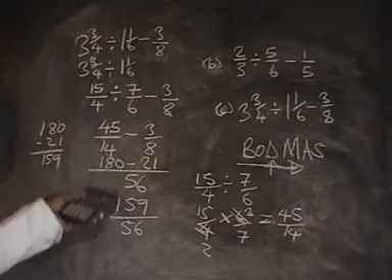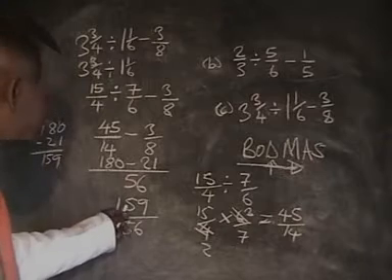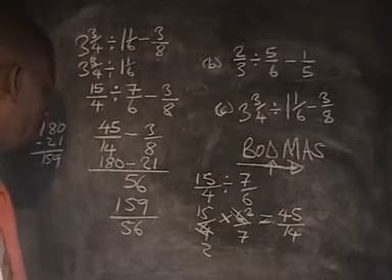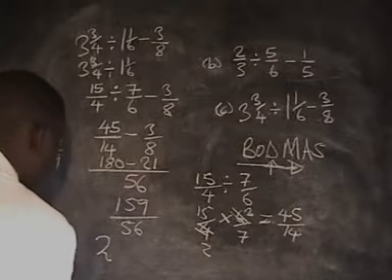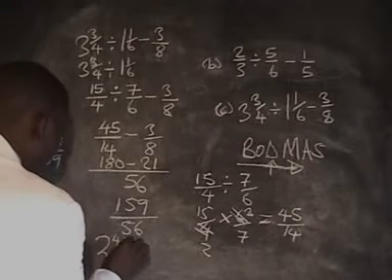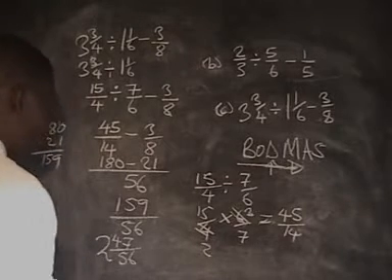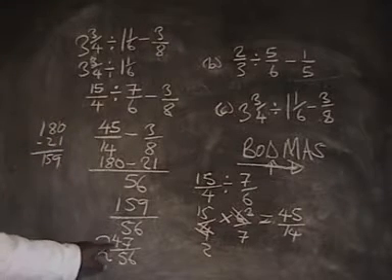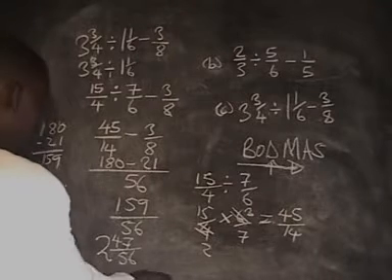Because from the beginning, the question has shown some mixed fractions. 159 divided by 56 is going to be 2 times. So you write 2, remainder 47 over 56. I'm sure that is seen: 2, a whole number, and then 47 over 56. That is a mixed fraction.